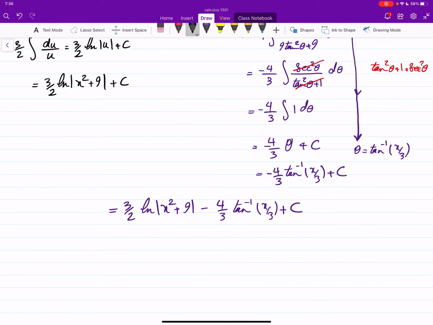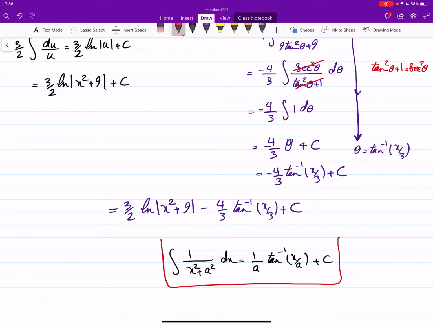into your integral. So if you have the integral of 1 over (x² + a²) dx, then this will be 1 over a tan⁻¹(x/a) plus C. That's basically what we did on the left hand side, or the second integral. You can repeat it exactly all the time, and since it's there, just use it.